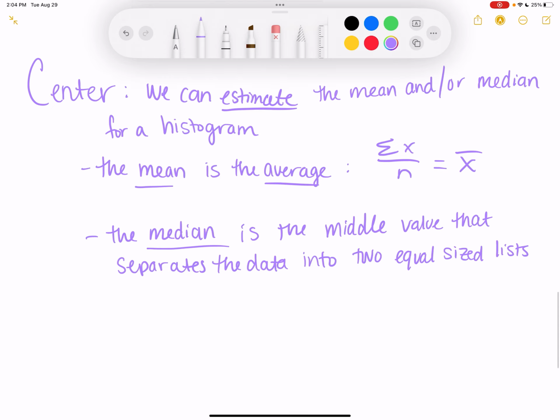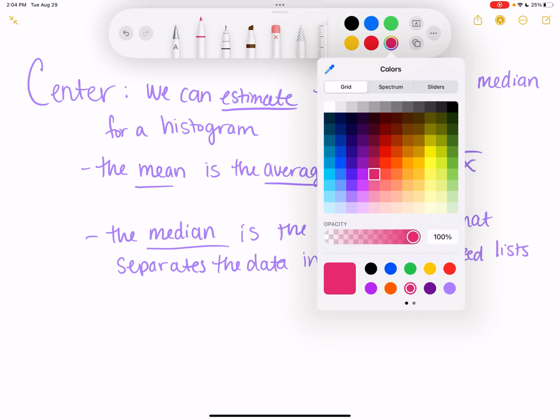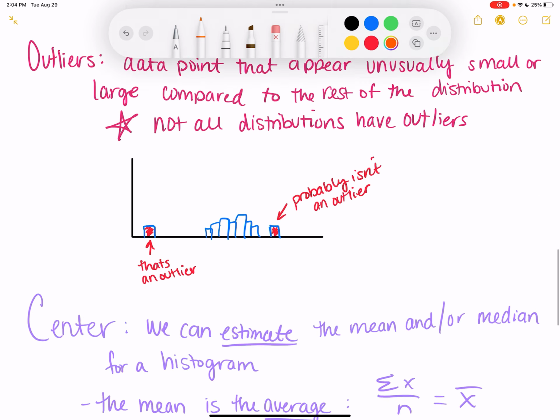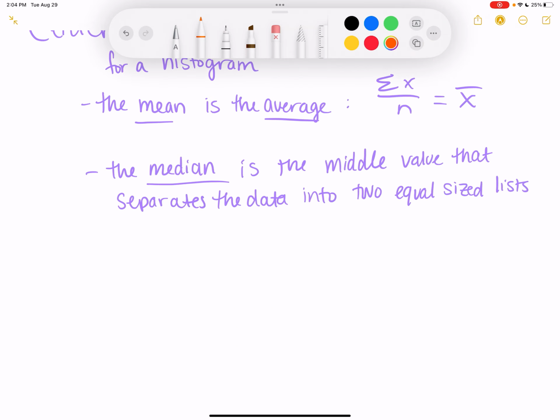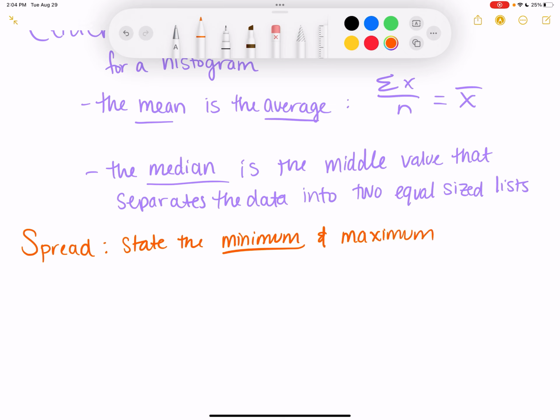All right, and then finally, on to spread. State the minimum and maximum values for the data.